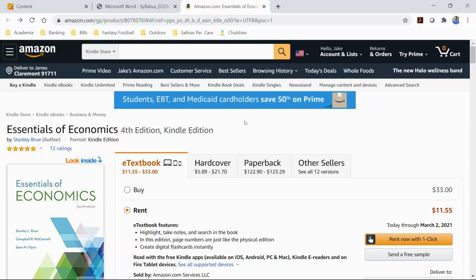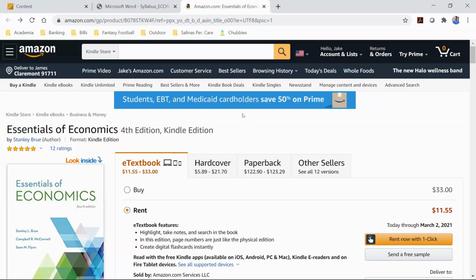Is that $12 to rent for the semester or per month? To rent, and for the semester, you get to keep it till March 2nd. Oh, for $12? Yeah. Okay, that seems like a good deal. So if you guys can do that, $12 is definitely better than what you can pay for the full version at the bookstore. So yeah, I'd recommend doing that. Thank you. You don't need the special features or the computer software that goes with it.